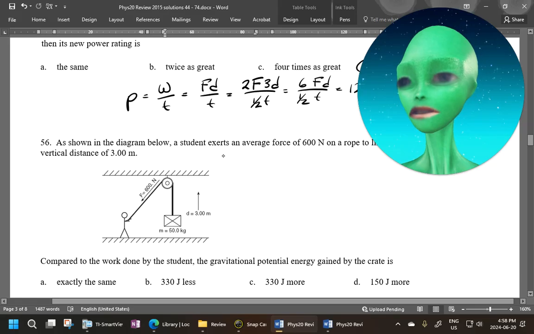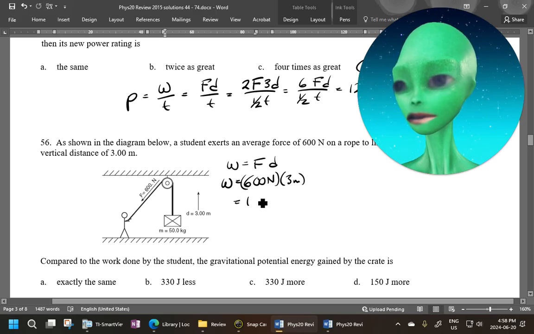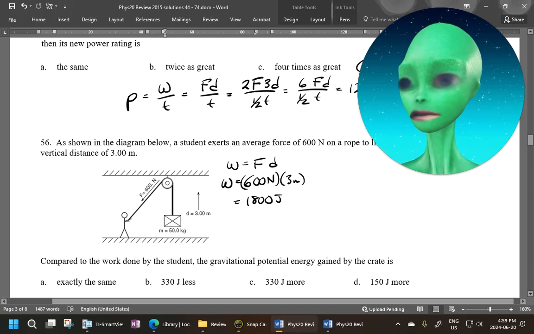Yeah, okay, so the work of the student is going to be 600 newtons times 3 meters, because it's force times distance. That is 1800 joules. So the student added in 1800 joules of energy.